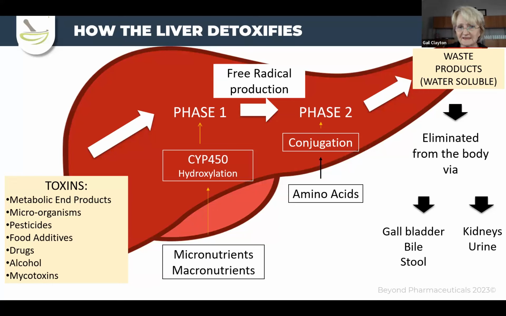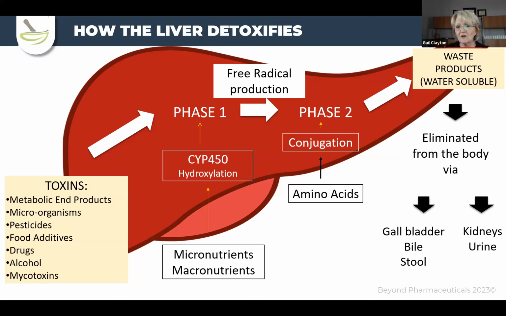Okay, and you can see the CYP450, and remember we talked in the other lecture on glutathione and free radicals, the hydroxyl radical is the most dangerous free radical. So we are actually creating very dangerous free radicals in phase one, and hopefully we're not creating so many free radicals that they go through the body and cause DNA damage, but it can happen if we're not careful.